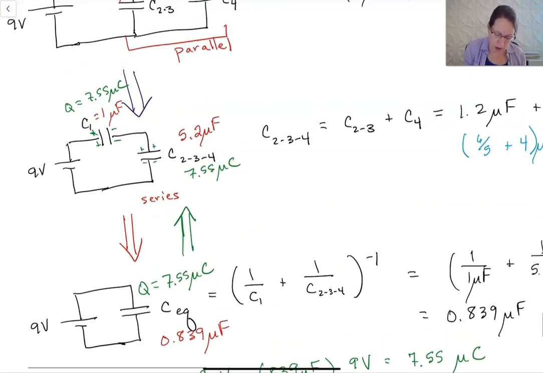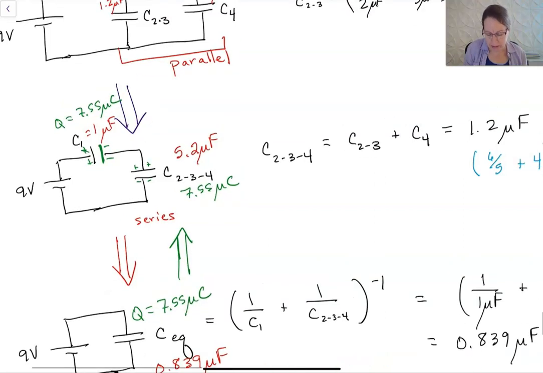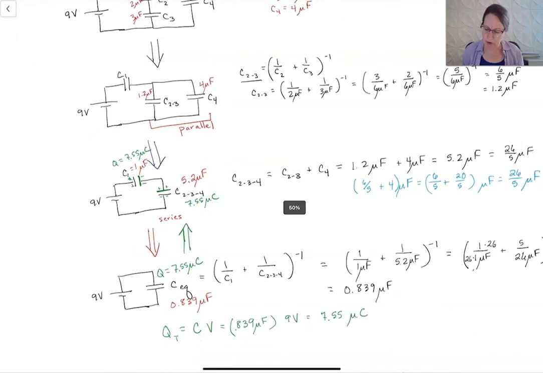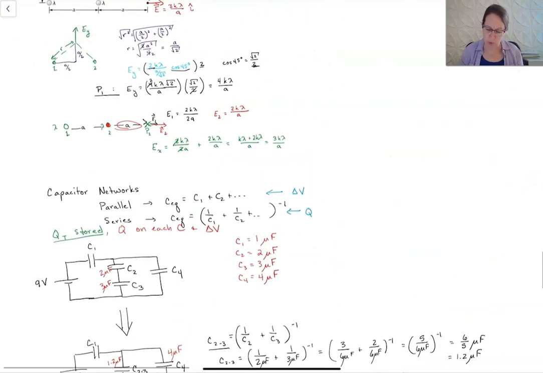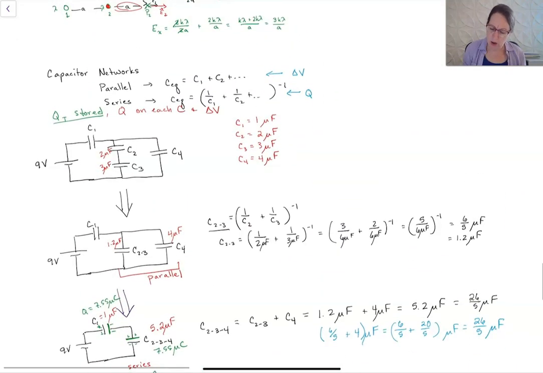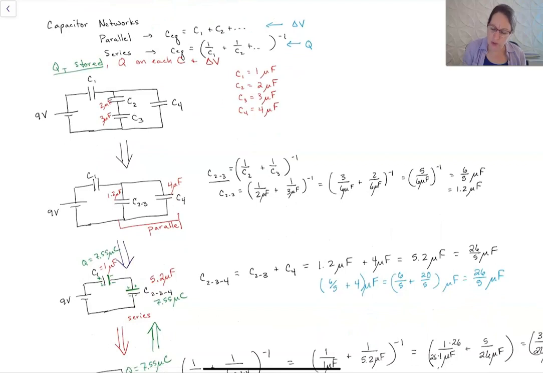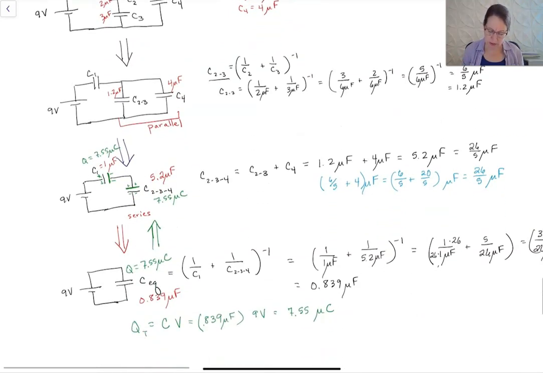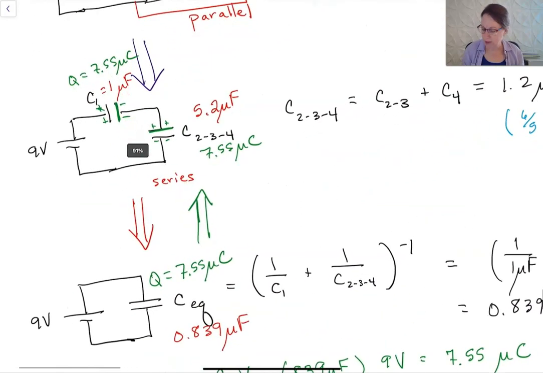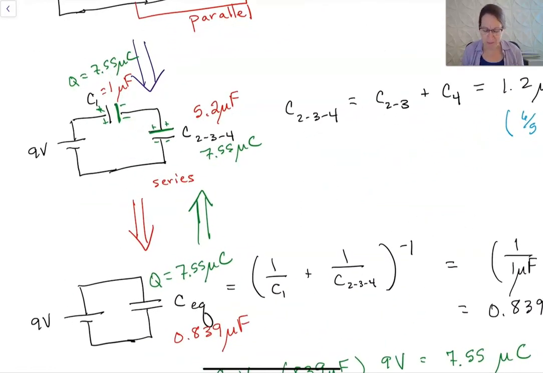Whatever negative charge I have on the right side of plate C1 has to be the same as the positive charge at the top of C2, because there's no place for it to pile up. So they both have a charge of 7.55, which comes from our rules way up here of the charge being the same for capacitors in series. Okay, orienting back to where we are.